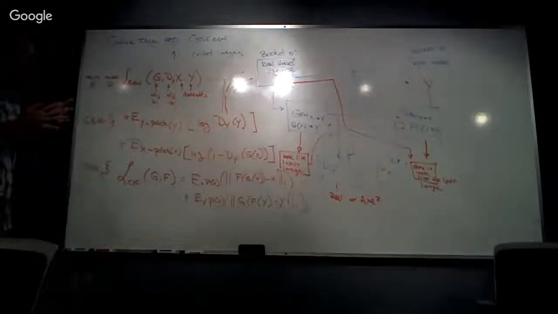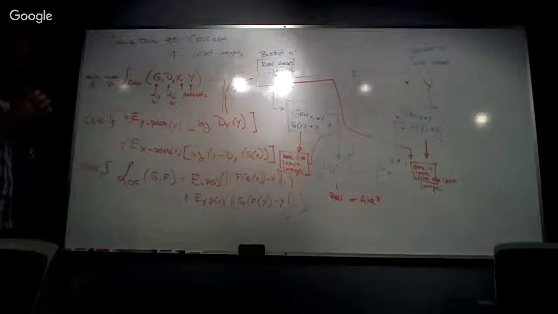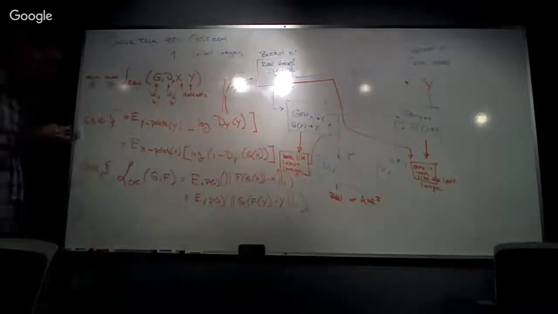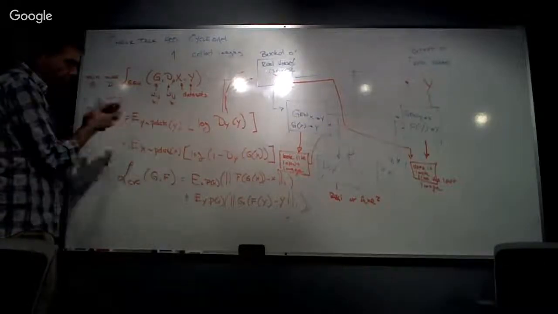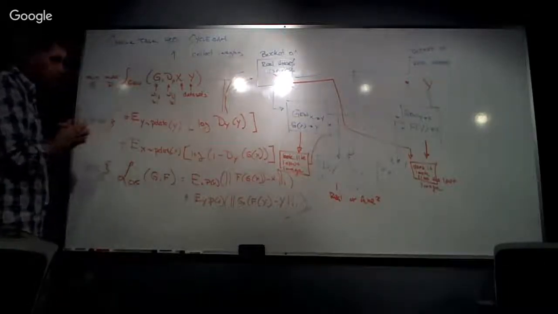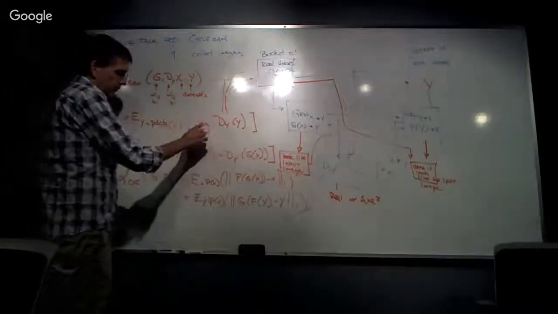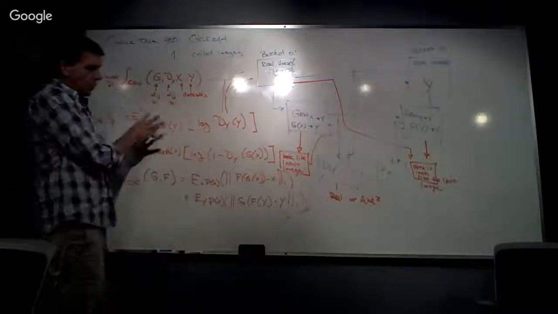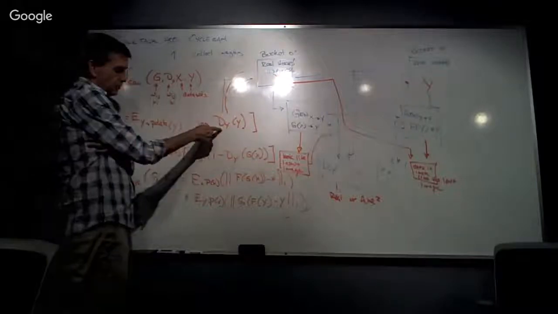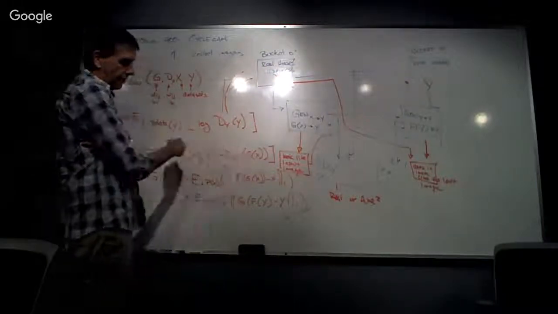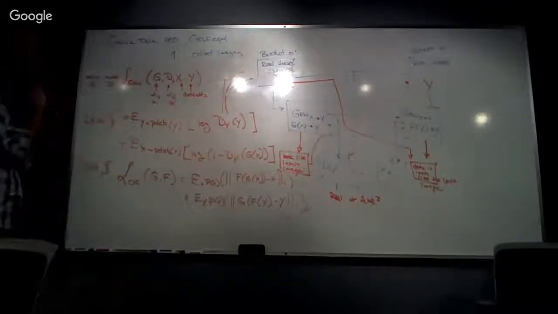Now, how do you train this sucker? Well, it works pretty much the same way. The neat thing about this is that these equations can be differentiated. You can say, well, if I produce something that I don't want to produce here, what kind of changes do I need to make to my discriminator and my generators so that I get closer to where I want to be?